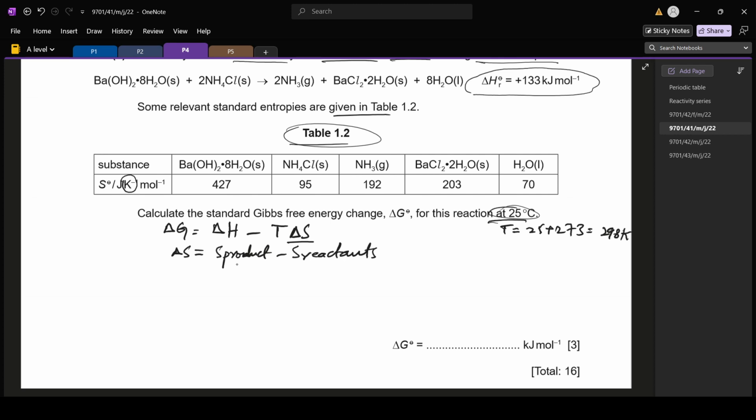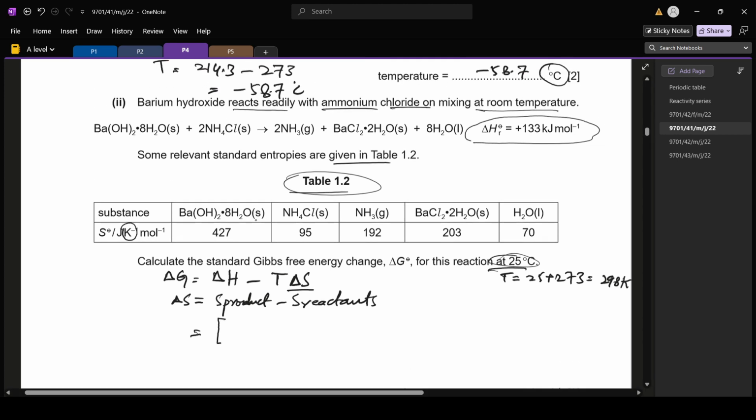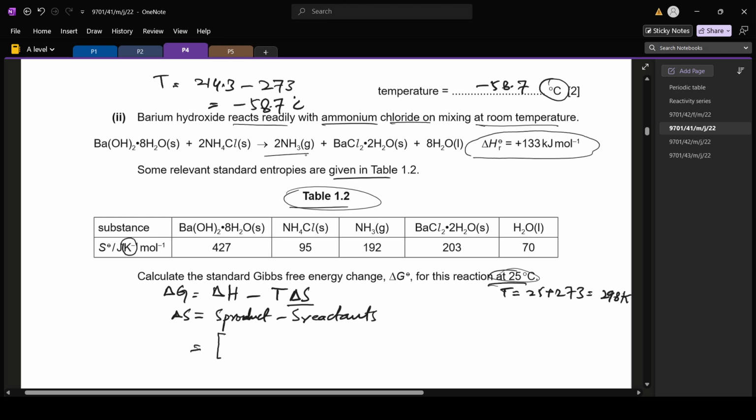The products are ammonia, barium chloride, and water.